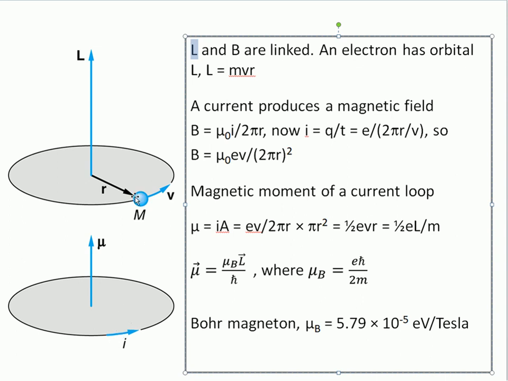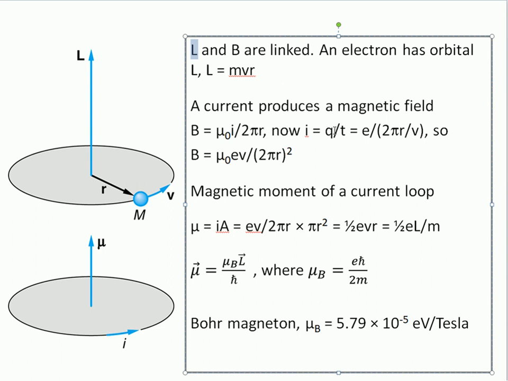And it turns out that the magnetic moment and the angular momentum are related to one another. So the definition of orbital angular momentum is mass times velocity times the radius of the circle. On the other hand, there's a simple formula that says a ring of current produces a magnetic field equal to mu naught I, where I is the current, divided by 2 pi r.